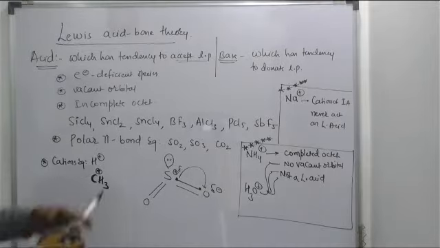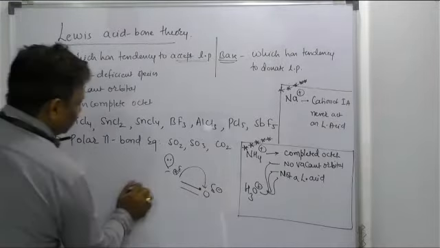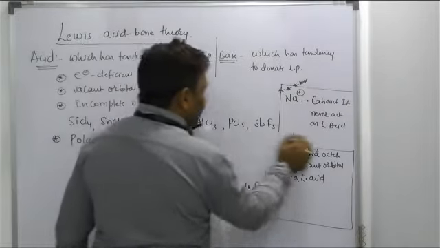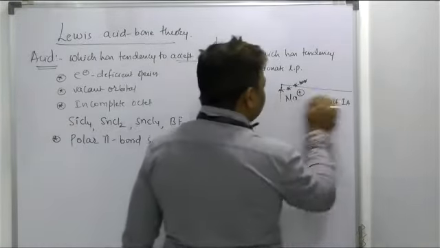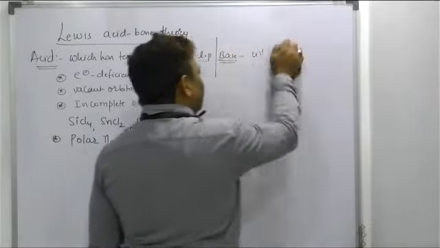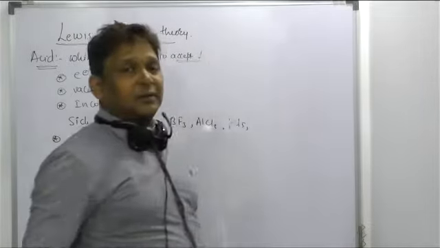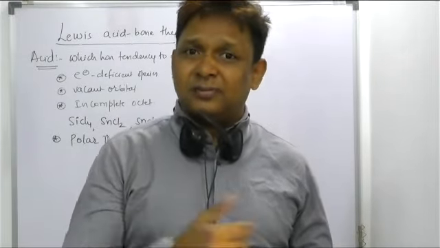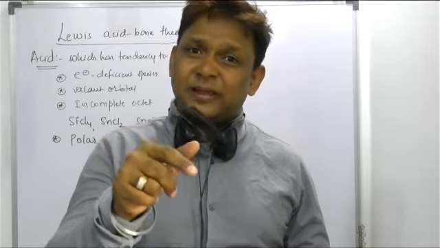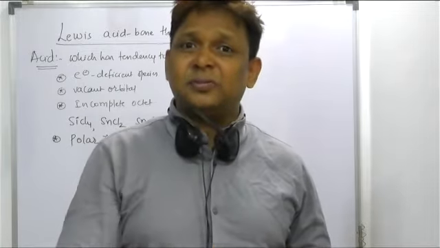Chalo, now we'll continue with the base, beta. What is a base? I told you, a species which has a tendency to donate a lone pair of electrons will act as a Lewis base. Beta, please don't get confused over all the three. According to Arrhenius, acid means tendency to give H plus ion in aqueous medium. According to Arrhenius, a base gives OH minus ion in aqueous medium.